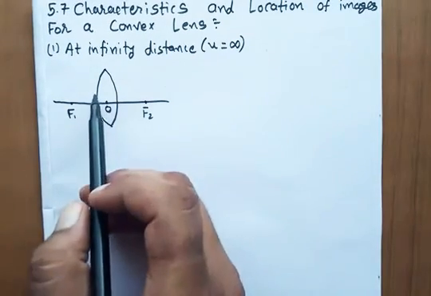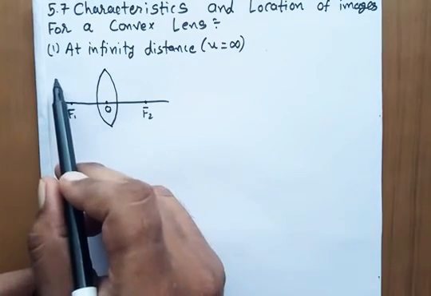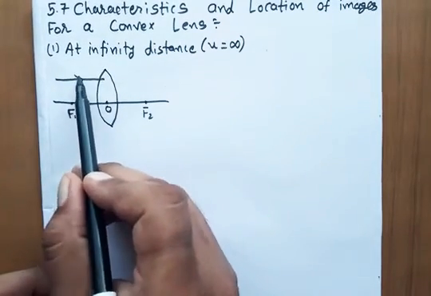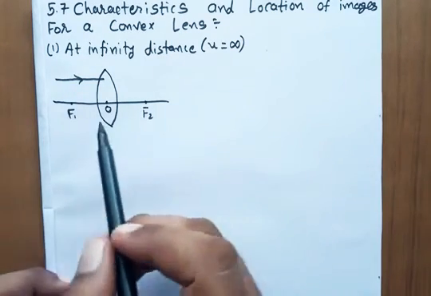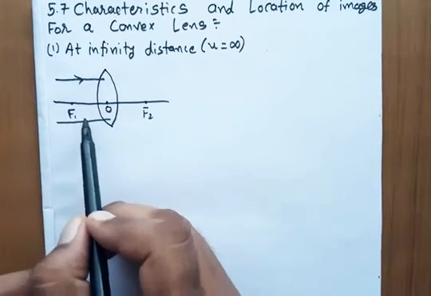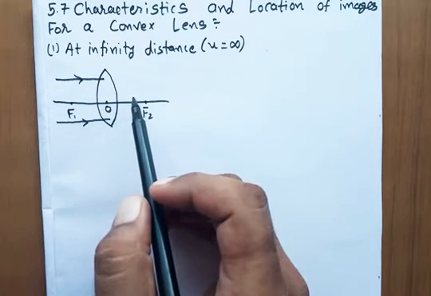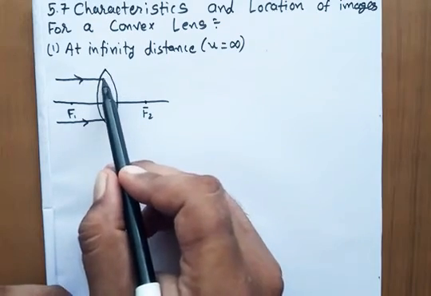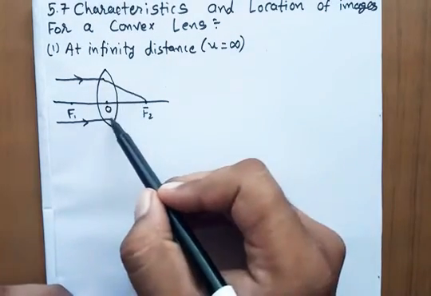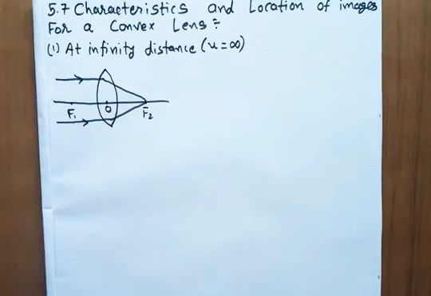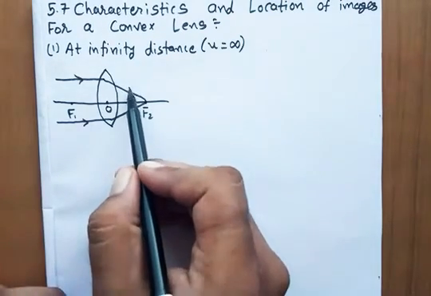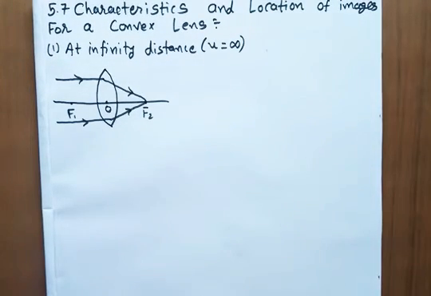At infinity, the light rays coming onto the lens are parallel to the principal axis, and whenever light rays arrive parallel to the principal axis, they focus at the point of focus. So when the object is at infinite distance, the light rays focus at one point, the principal focus.